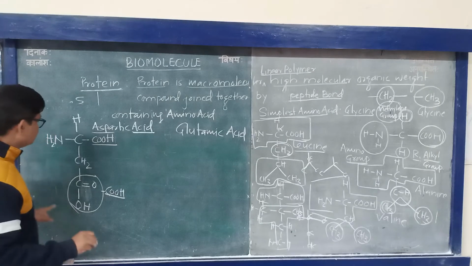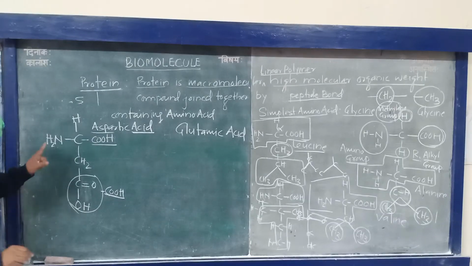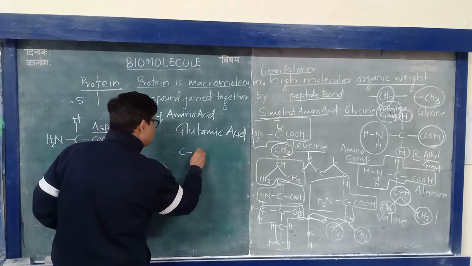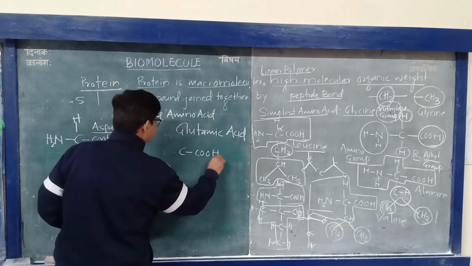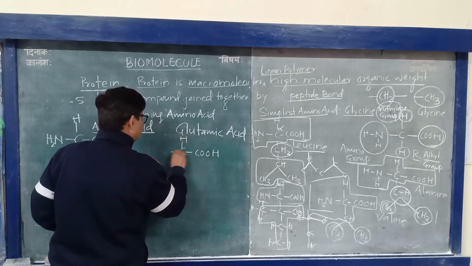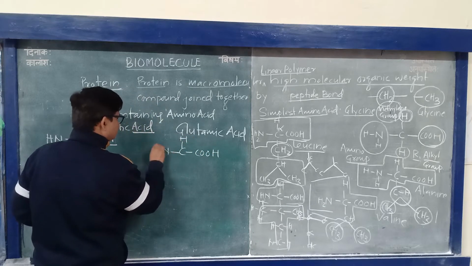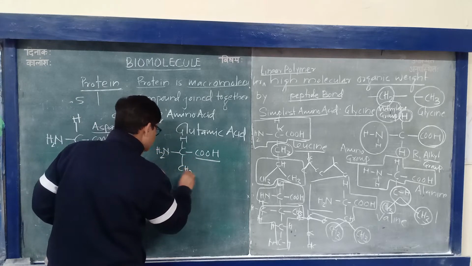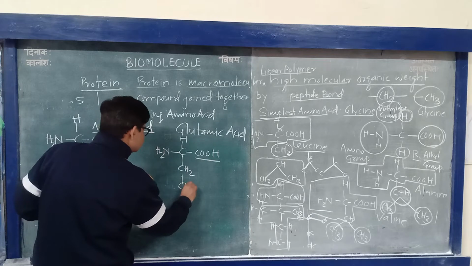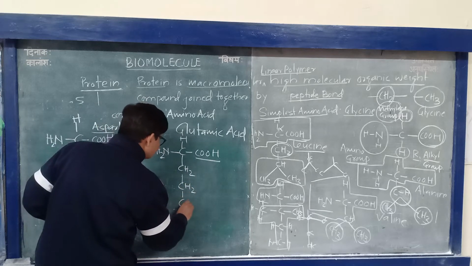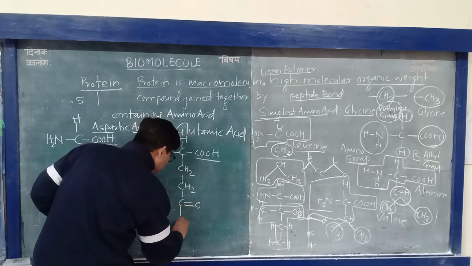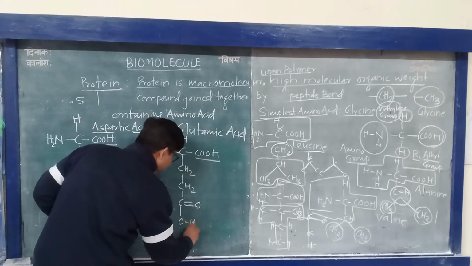Okay. Now, if you want to draw the chemical structure of glutamic acid, then simply you have to repeat the same thing more times. That is the acid group, and then CH2, and then one more CH2, and then C double bond O, and then O and H. Okay.